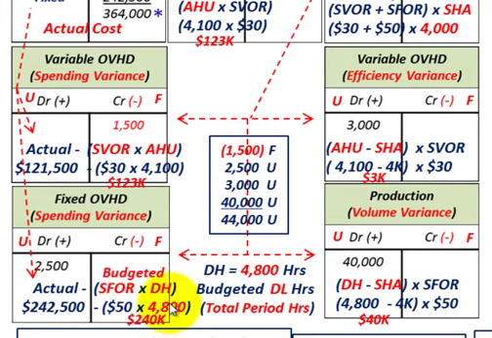Okay, so then we have one other thing. We have that production volume variance that's associated with our fixed overhead here. So that's simply taking the difference between our denominator hours, those total 4,800 hours here, and comparing it to the standard hours allowed here of 4,000 hours. So just the difference is what we're looking at.